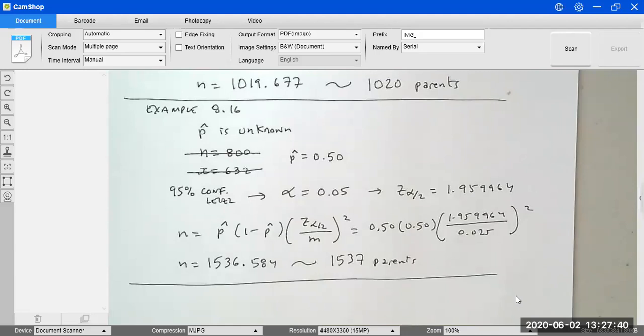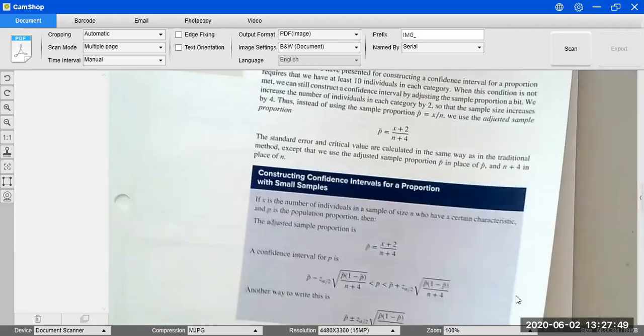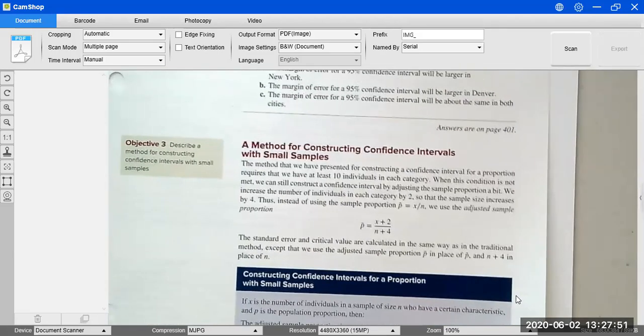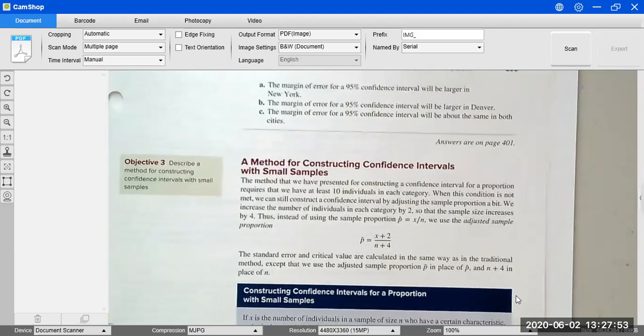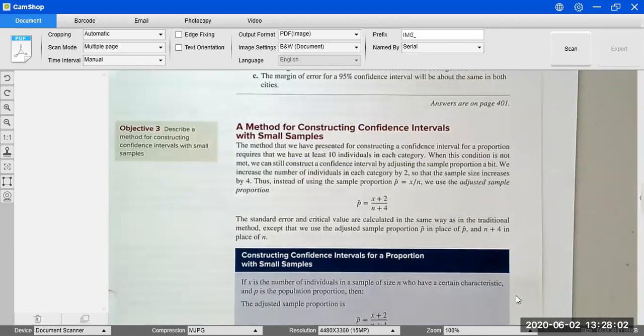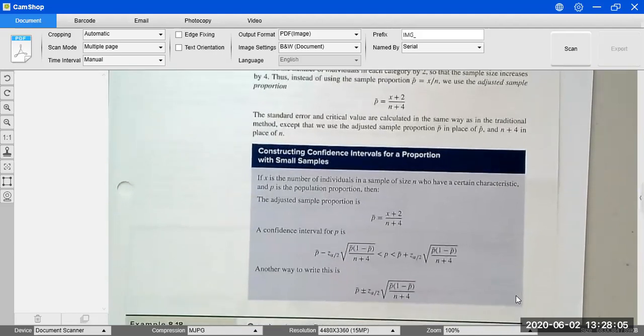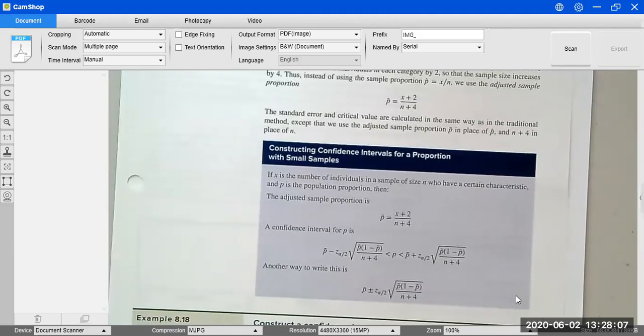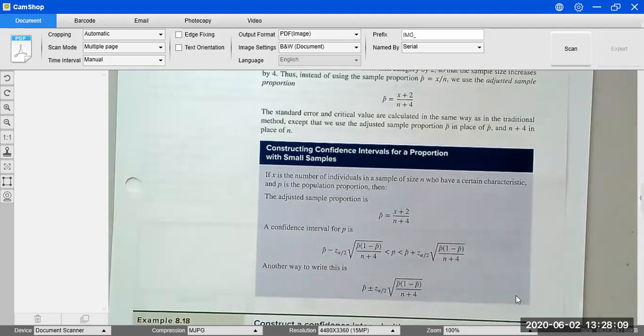So we're going to finish now with this section with computing confidence intervals for population proportion when we have only small samples. You're going to see here in your book on page 395 that they suggest a method for constructing confidence intervals with small samples. So there is a method here, and you're going to need to do a lot of things to be able to get the confidence interval.